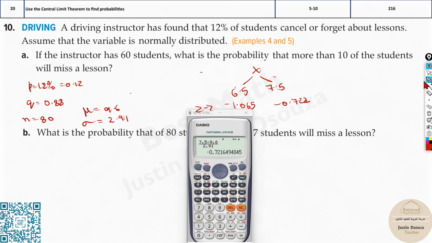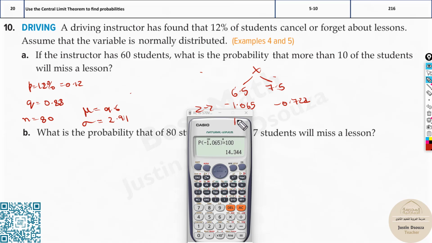Now we have to go to the statistics mode, mode 3 AC, and let's do the probabilities. It'll be minus 1.065. See, whenever you have two values, you don't need to press P and R. You don't have to change, because both of them will give the same answer. You have to just subtract the higher minus the lower. Now I'll multiply this by 100, so I'll get percent, because it's easy to interpret percent values.